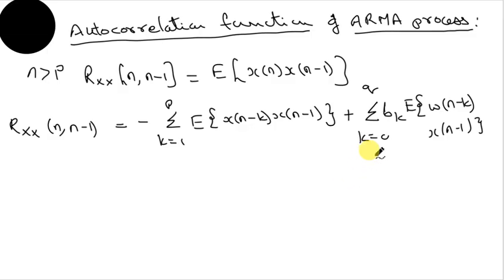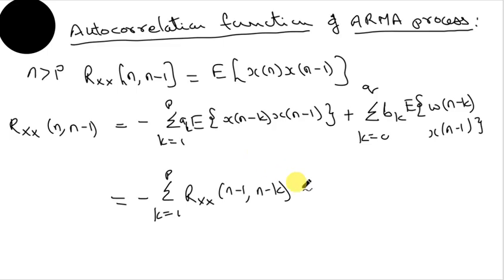Now this is nothing but minus summation k equal to 1 to p, ak rxx autocorrelation of n minus 1 comma n minus k, and I have a constant term which I missed over here, it is ak, so I will also have that, plus summation k equal to 0 to q bk, and the cross correlation function.